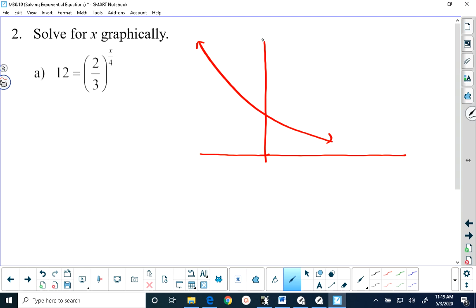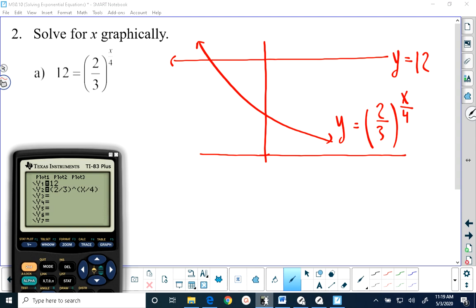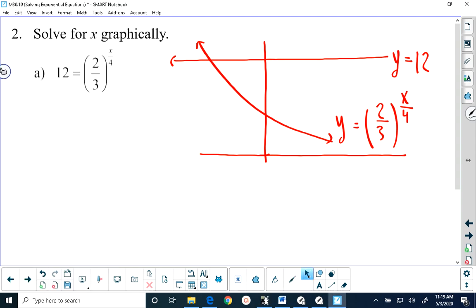We also know that when you graph y equals 12, it's going to be a horizontal line. The reason why I drew that is it's going to give us an idea of where we have to look to find the point of intersection. We're going to have to look in the negative direction.